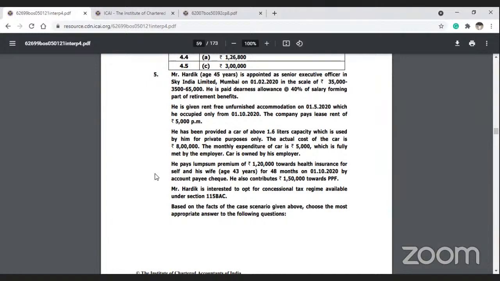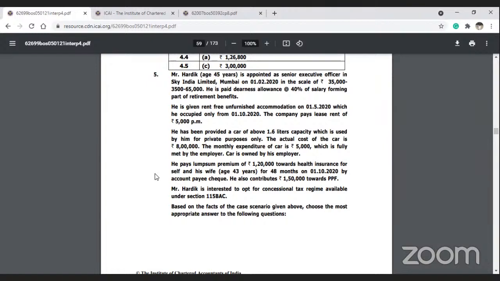And then we'll take it as unfurnished accommodation, plus 30,000. That is 6,27,800. Plus car, the car is 1,40,000.